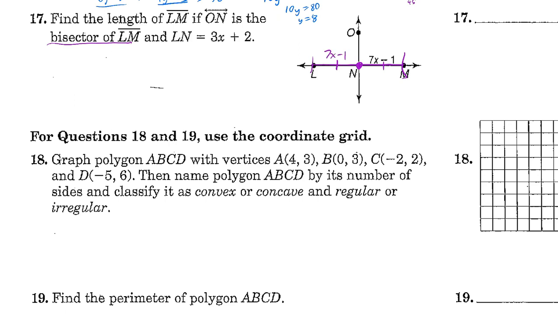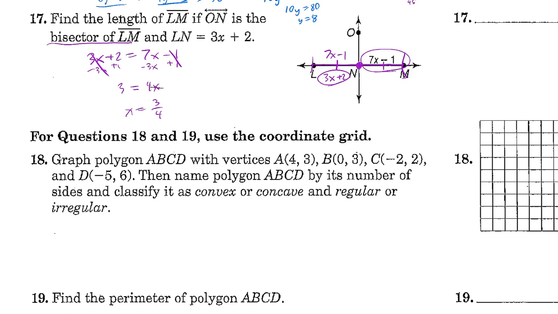And it says LN is 3x plus 2. Well, 3x plus 2 over here is the same as this because it's the bisector, so it cuts it in half. So all we do is go 3x plus 2 equals 7x minus 1. So subtracting the 3x's and adding the 1, we get that 4x equals 3, so x equals 3/4.